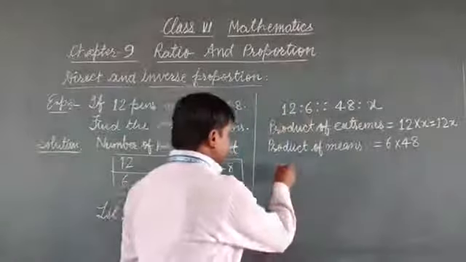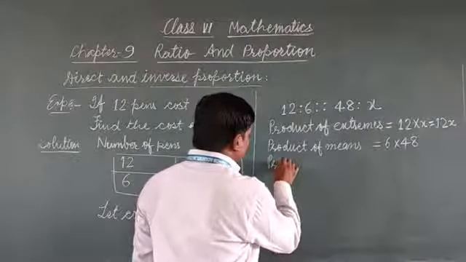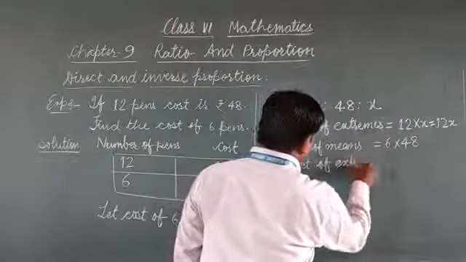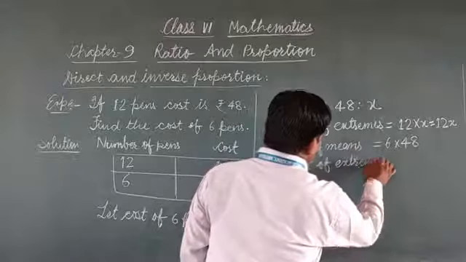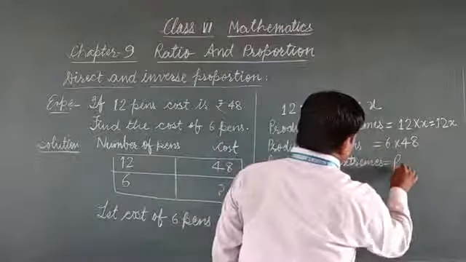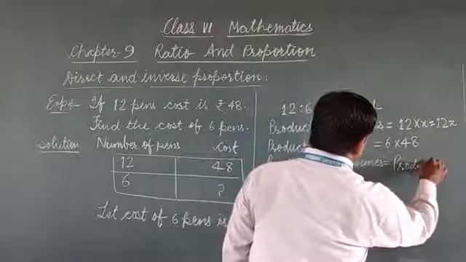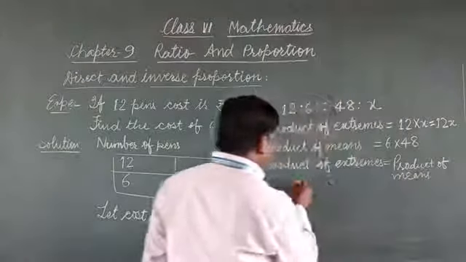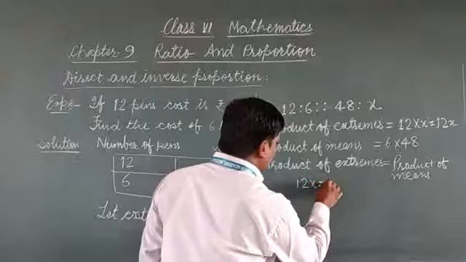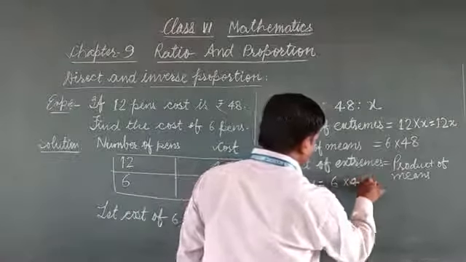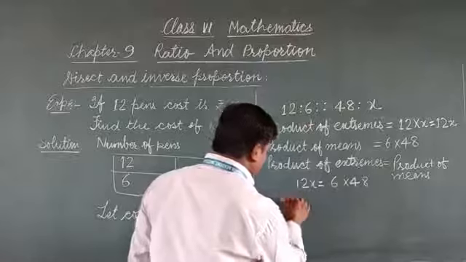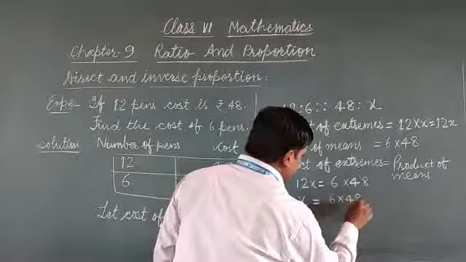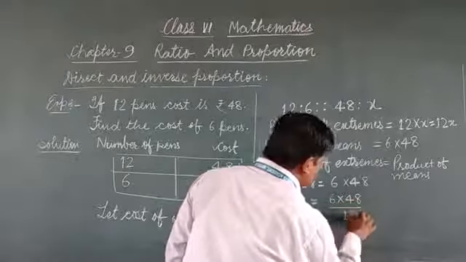We know that the product of extremes is equal to the product of means. So we can write 12x is equal to 6 into 48, and this implies x is equal to 6 into 48 divided by 12.